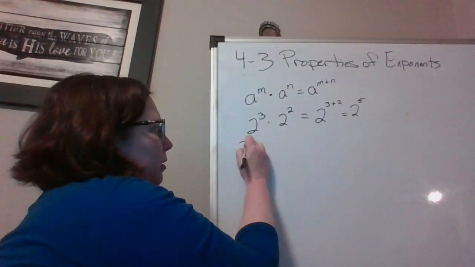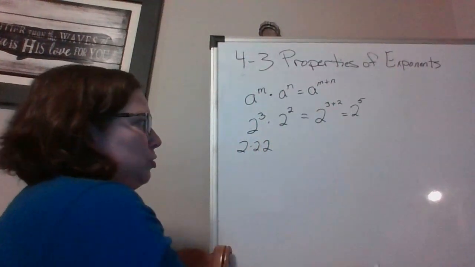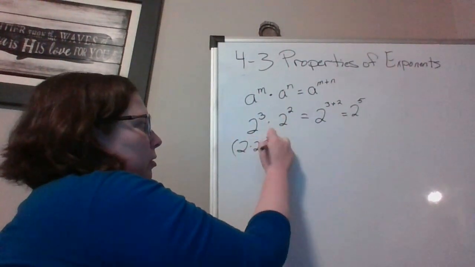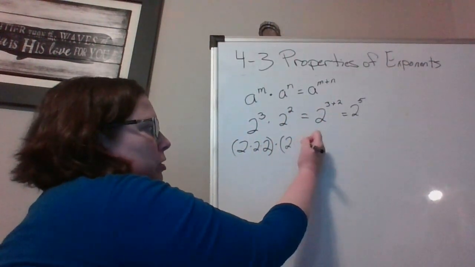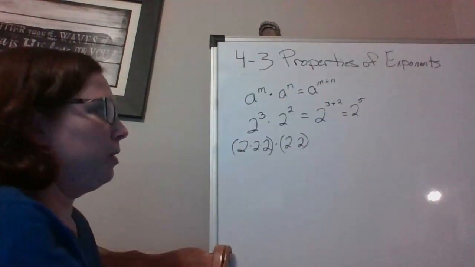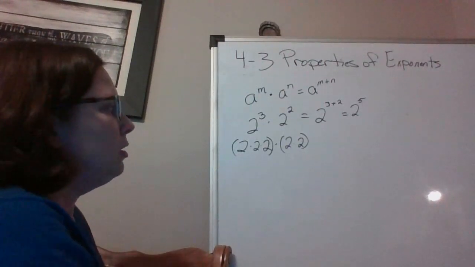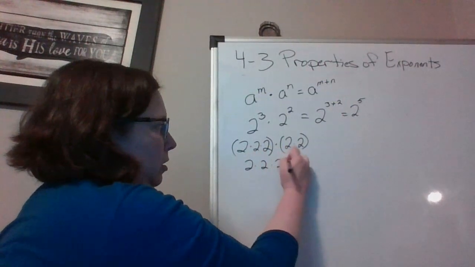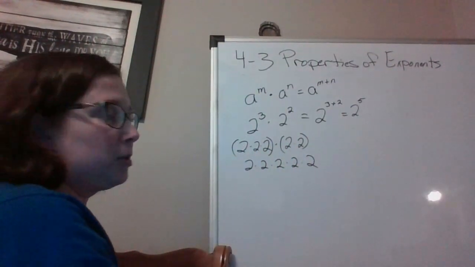So if we have 2 to the power of 3, that means we're multiplying 2's and we have 3 of them. If here we are having 2 squared, means we're multiplying 2's and we have 2 of them. When you're multiplying things like that, you can do it in any order you want. So we can look at this as just being that. And again, we're multiplying 2's.